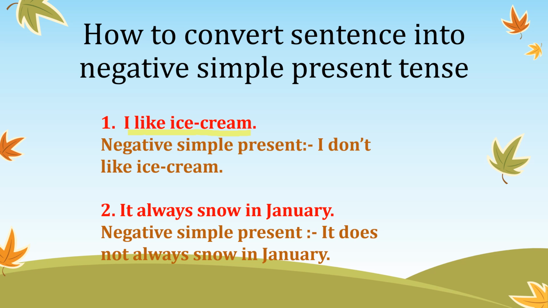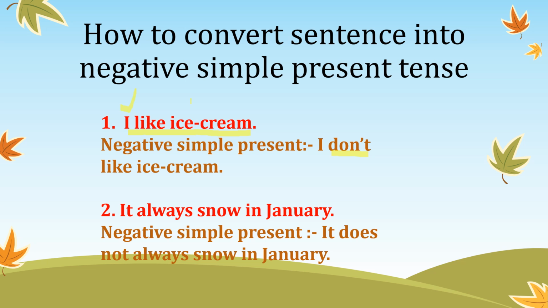Subject is I. Now I is the first person and it is in the singular form, so we will add do. So do plus not, then it will become don't plus rest of the sentence. I don't like ice cream.